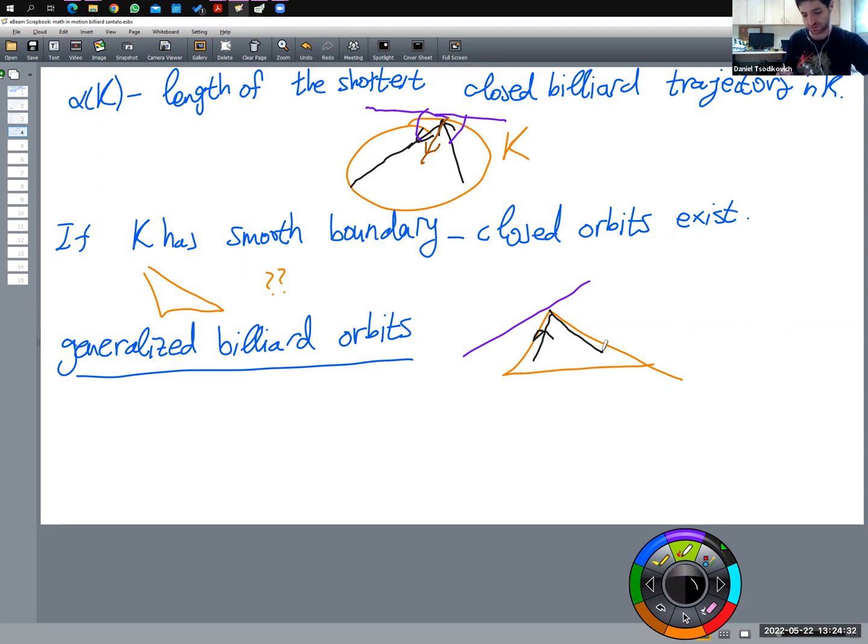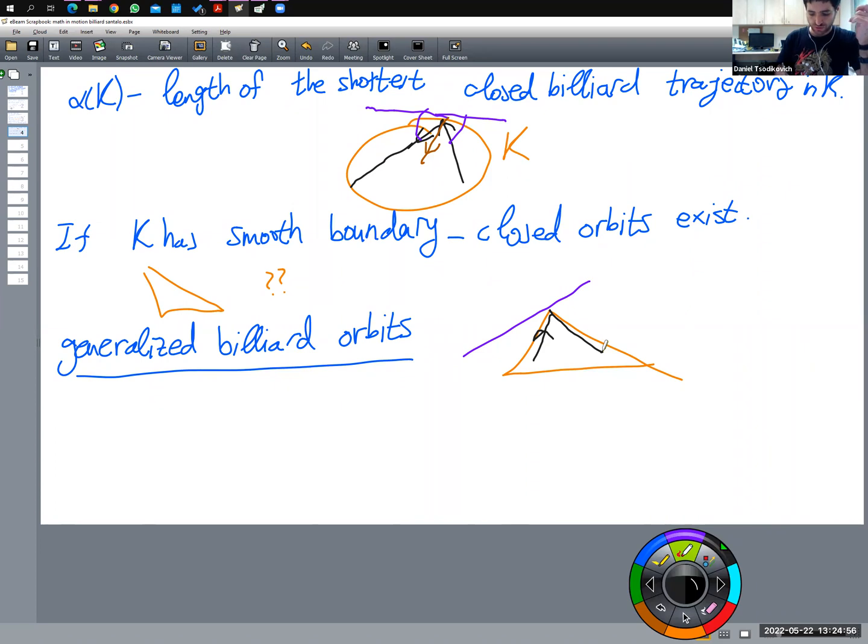So an orbit is a generalized billiard orbit if you can find at the non-smooth points supporting hyperplanes with respect to which it will have a billiard orbit. So the continuation is not unique, but given a trajectory, you can ask if it is a generalized billiard orbit or not.